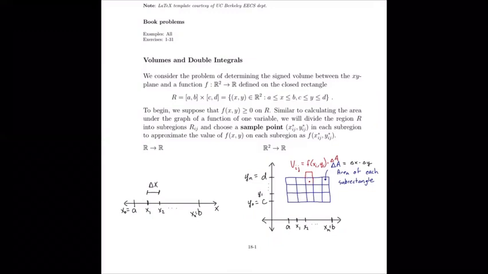Okay, so if we do that and add up all of those volumes, then we'll get all of the volume, or an approximation of the volume that's underneath the surface that's over this region.